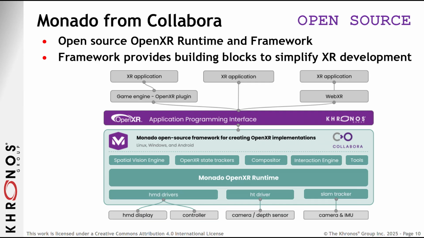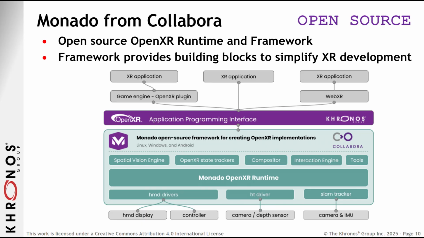So if your XR headset or spatial display doesn't support OpenXR today, there is an open source project, Monado, from Collabora, which is a complete OpenXR runtime that is modular and allows you to plug your drivers into the Monado runtime, and then expose everything through OpenXR.